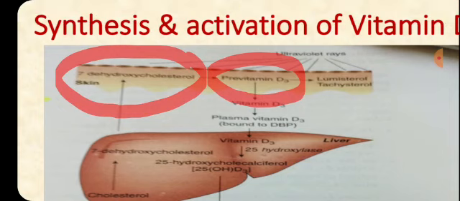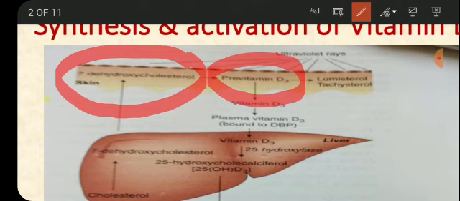Thereafter, pre-vitamin D3 is carried through the blood plasma bound to a specific protein called vitamin D binding protein. This inactive form is carried over to the liver, where the 25-hydroxylase enzyme gives rise to 25-hydroxycholecalciferol. The first step of hydroxylation takes place.